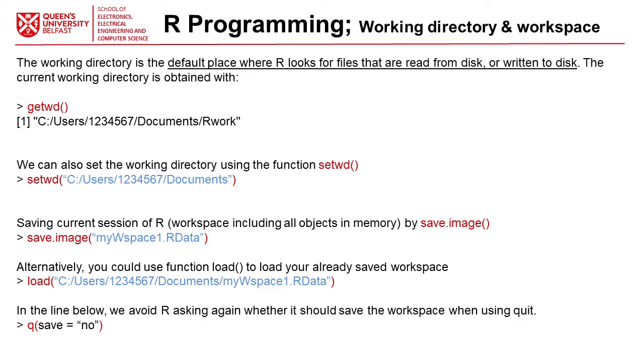When you run getwd from the console, it provides you the default, something like this on my computer, for instance. But if you want to save any CSV file, any plot, etc. in a specific directory, you can use setwd and put your path on your hard disk here with double quotes.